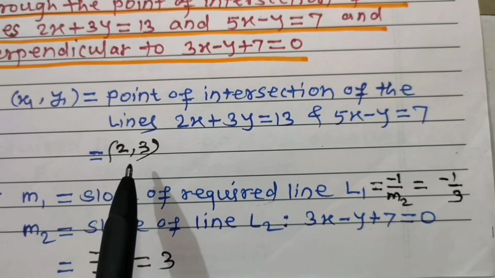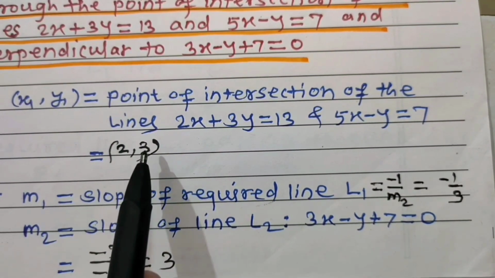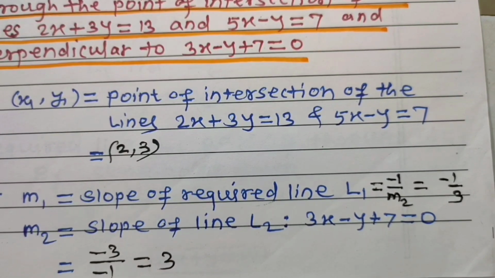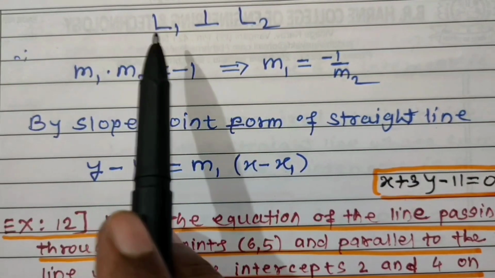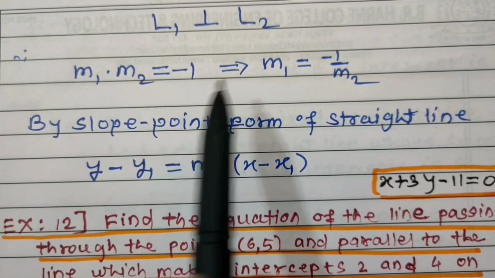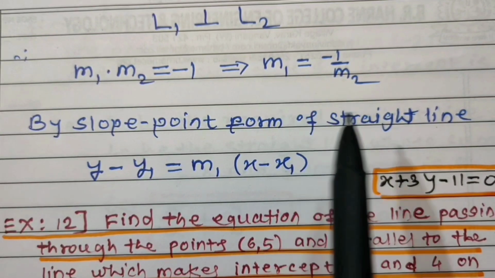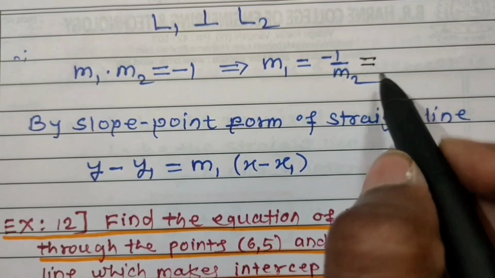So here we have obtained the slope of the line and a point lying on the line. We can apply slope point form to get the equation of the straight line. Here L1 is perpendicular to L2, hence using the condition of perpendicular lines, we have obtained m1 is equal to minus 1 upon m2, which is equal to minus 1 upon 3.